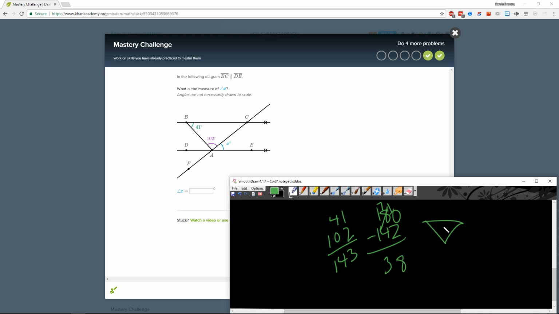So that one over there is 38, which means that this one's 38 and this one is 142, and we know that this one is 102, so 102, so that's 40.